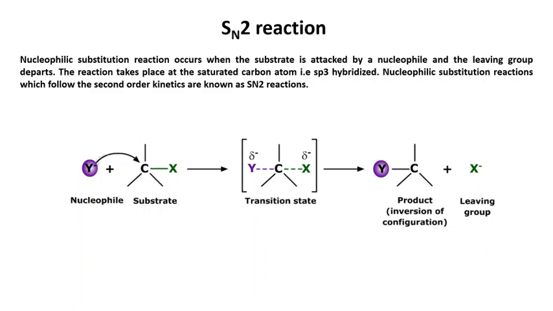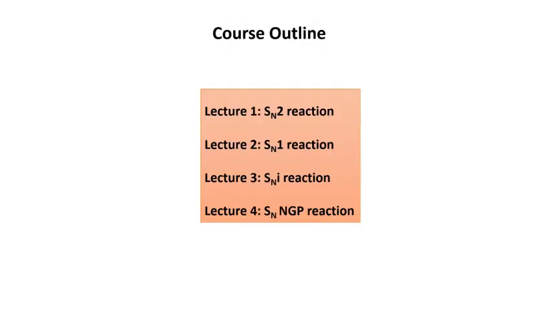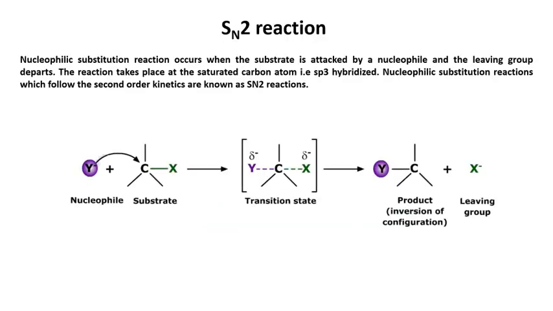Nucleophilic substitution reaction occurs when the substrate is attacked by a nucleophile and the leaving group differs. The reaction takes place at the saturated carbon atom. Saturated carbon atom means when the carbon is sp3 hybridized, that means it has 4 bonds connected with it.